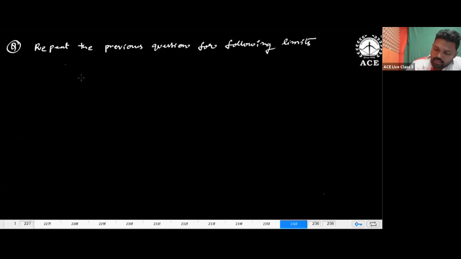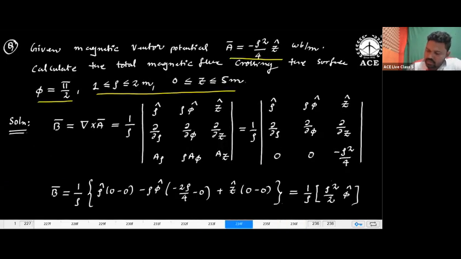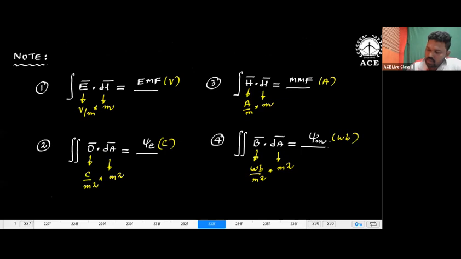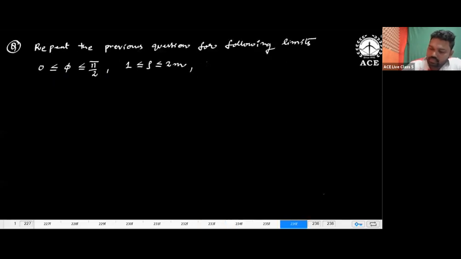What are the limits here? The phi is ranging from 0 to pi by 2, and rho is ranging from 1 to 2 meters, and z is ranging from 0 to 5 meters.